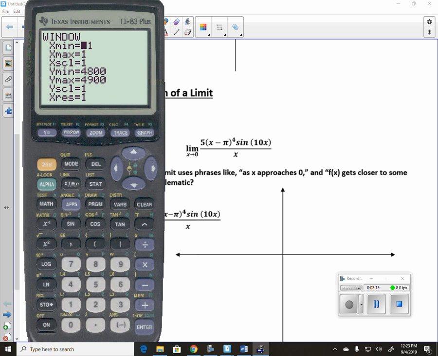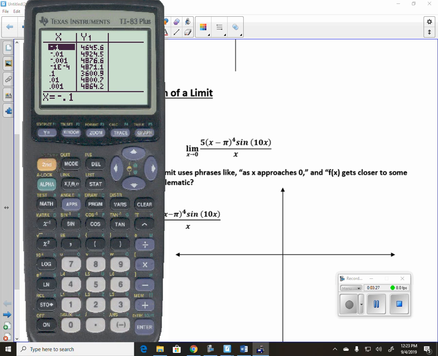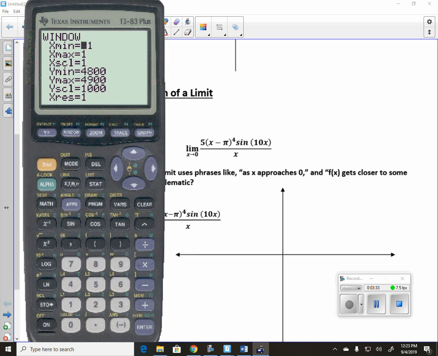So if I, again, check that window of those scales, instead of having every one, maybe we go like every 1,000. Again, I just want to look at that table value, see where we were at. 4,870 something. So again, we check my window, 4,800, and let's try like 50, or maybe even 60, and 4,900. Let's see if we can see the graph better.